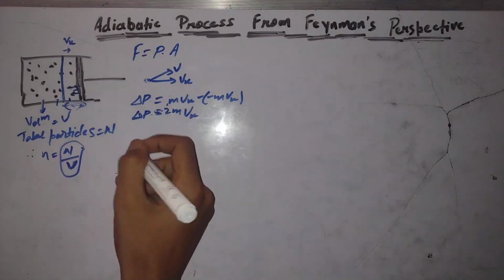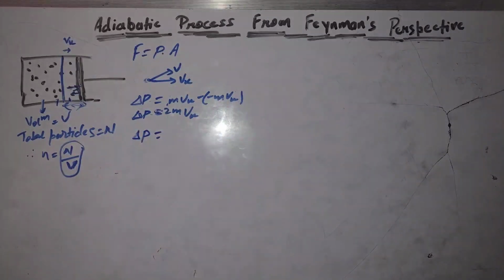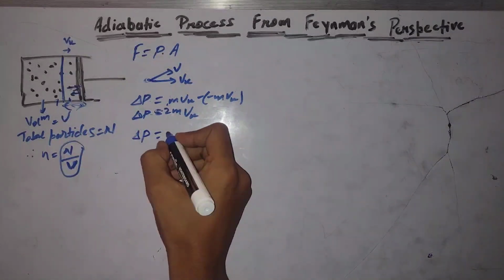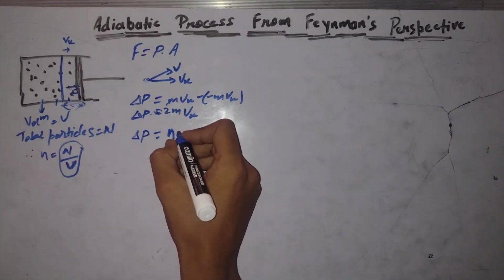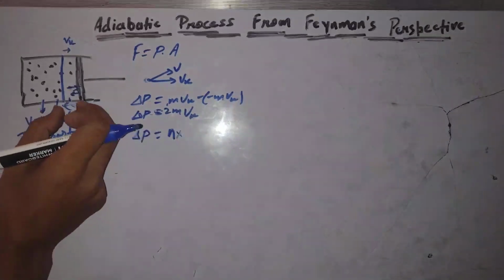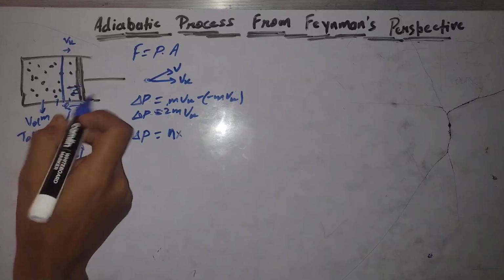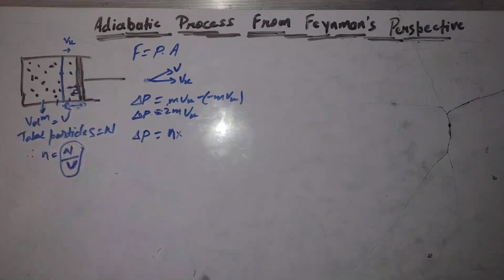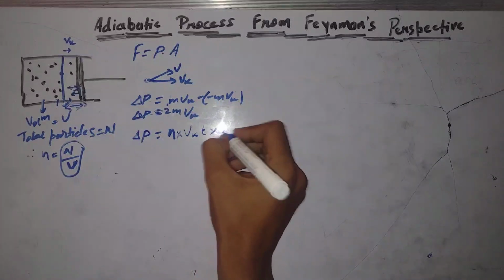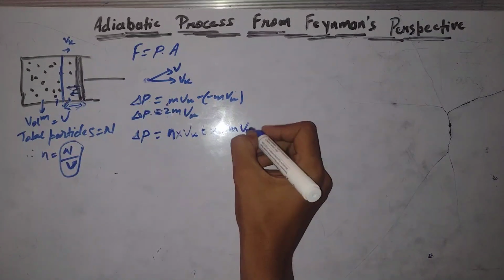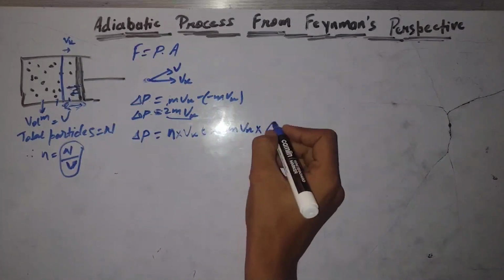Then the total momentum change by all particles that will hit in time t is the number of molecules in unit volume, that is n, multiplied by this area, because the particles that are in this small area, that is vxt. So vxt into 2m vx. Okay, this is momentum by one particle, and this is number of particles into area.